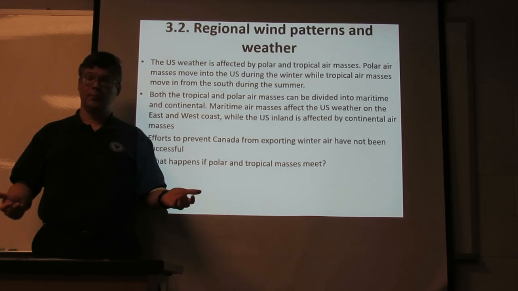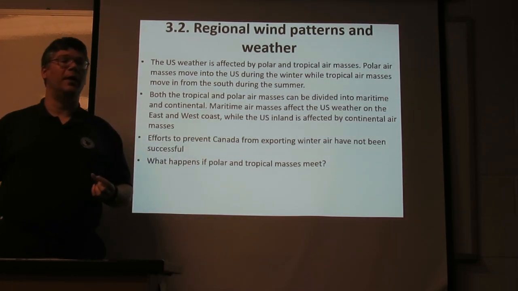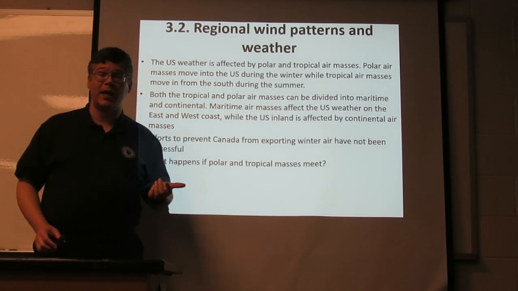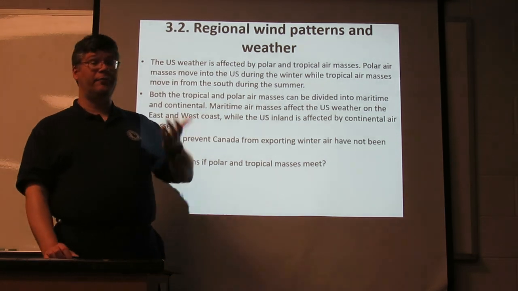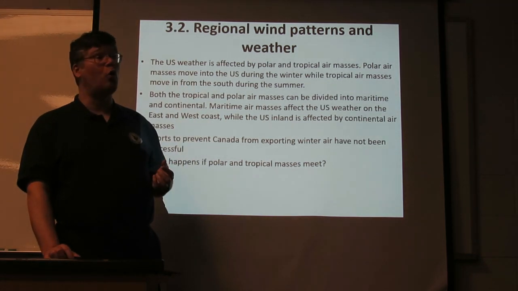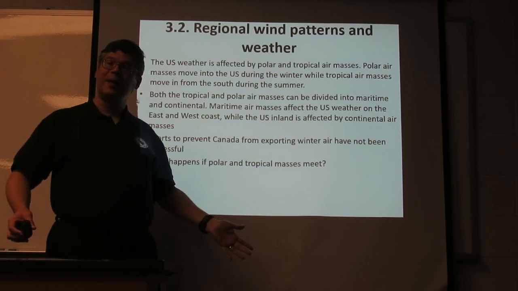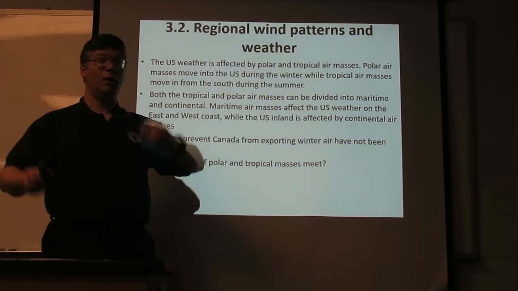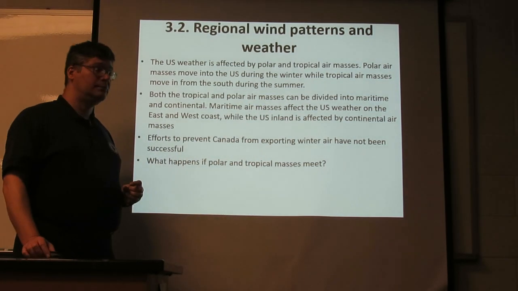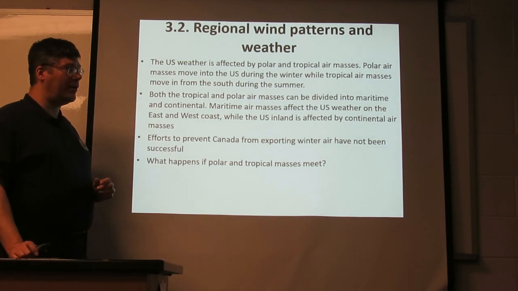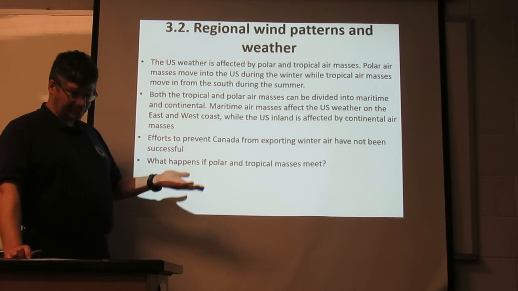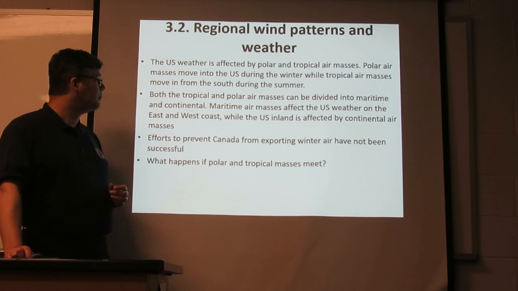Gulf of Mexico, water, so that's going to be maritime, so that air is pretty humid. And further south, it's going to be warm. So we get these big masses of hot, humid air moving into our area. And yep, if you've been around here in summertime, it's often hot and humid.